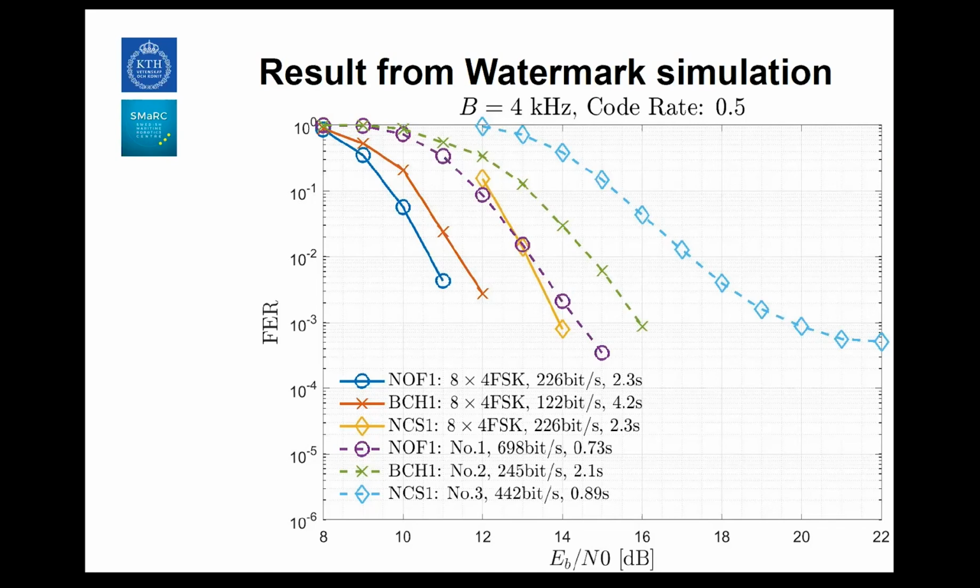But the big difference, and this is where the one I'm working on is interesting: if you compare these first two, the easy channel called NOF1, the FSK version has 226 bits per second, and it takes about 2 seconds to transmit the frame. The new one can go up to about 700 bits per second, and it takes 0.3 seconds to send, because the time slot is important as well, so you don't have network collisions.